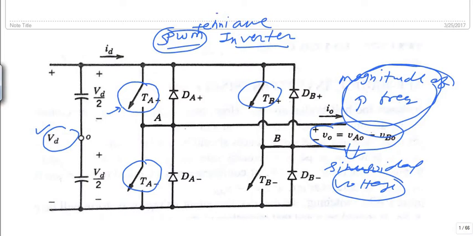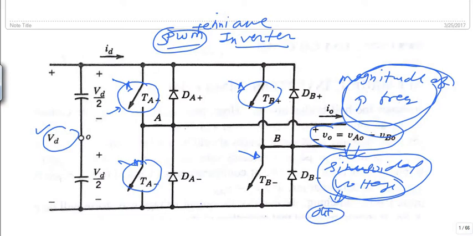For this we need to generate a switching signal that is applied to these inverter switches, so that we can get the output as near sinusoidal voltage, at the desired frequency.